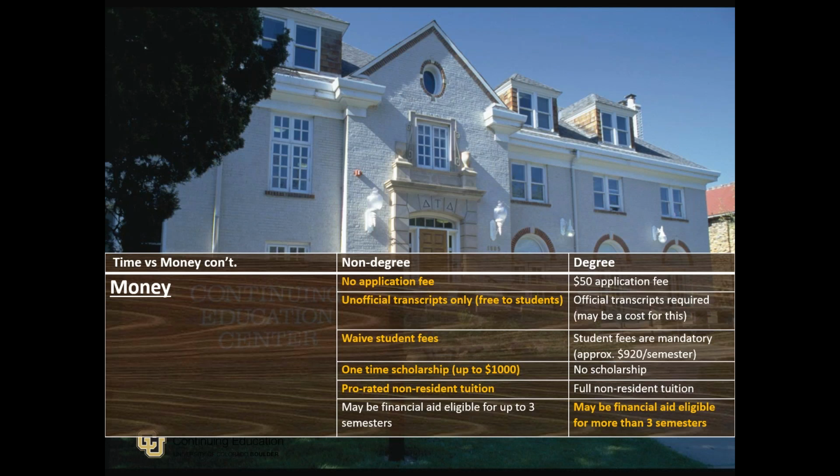Regardless of your interest in enrolling full or part-time, enrolling as a non-degree student will be a more cost-effective option. We've highlighted the financial advantages if enrolling in classes as cheaply as possible at CU Boulder is your top priority.